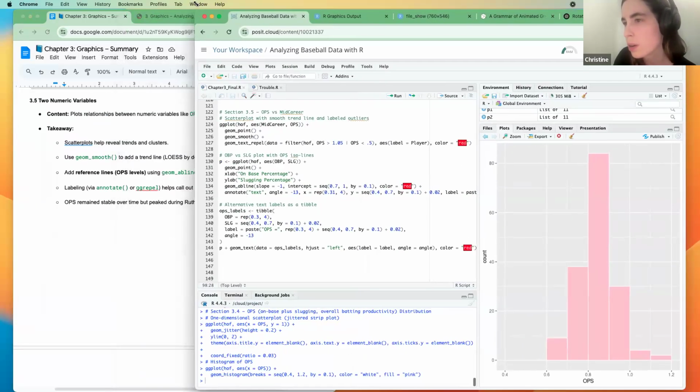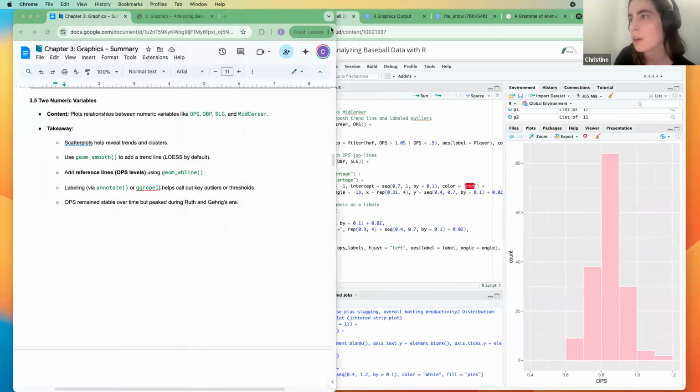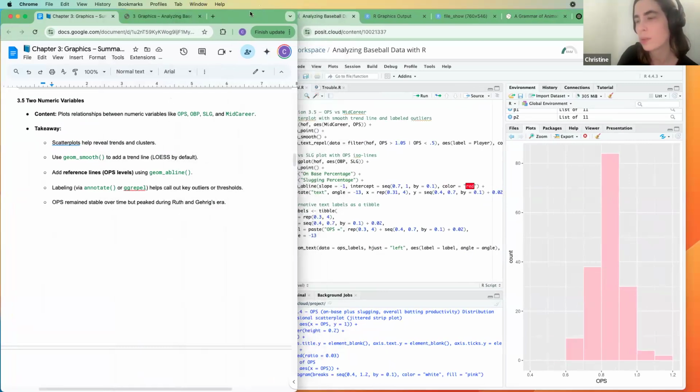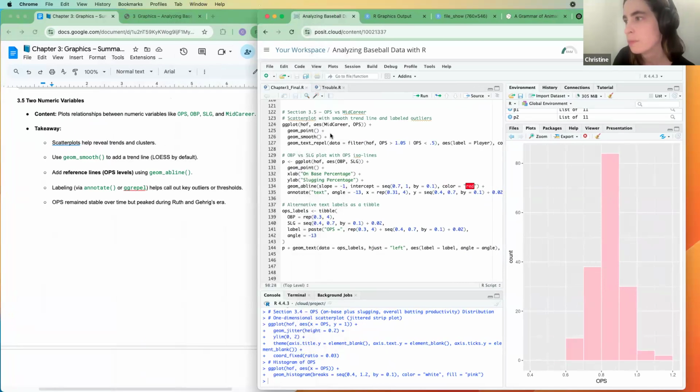And for this next part, as an overview, we looked at plotting two numeric variables together. We were looking at this aggregate score, and then I believe mid-career was looking at what era they were in.